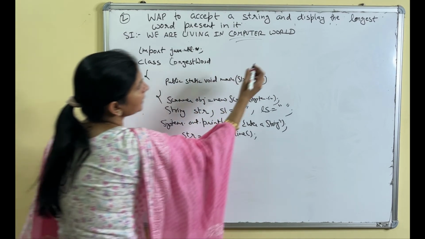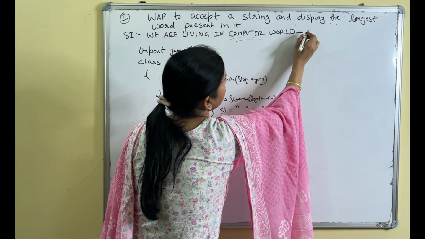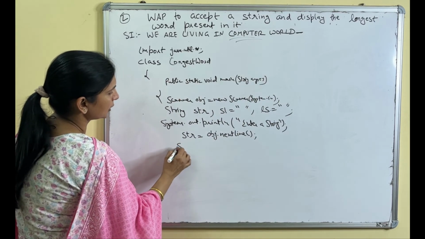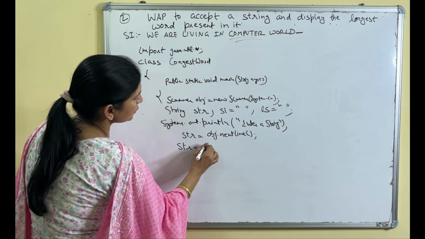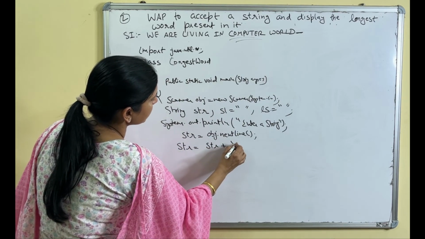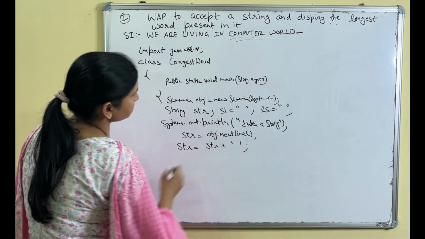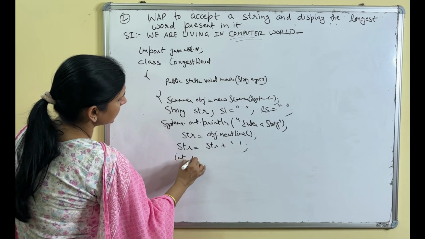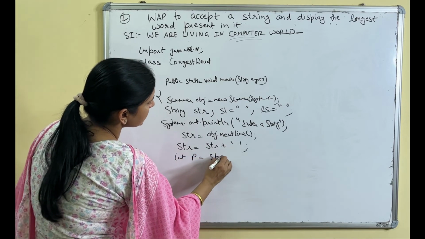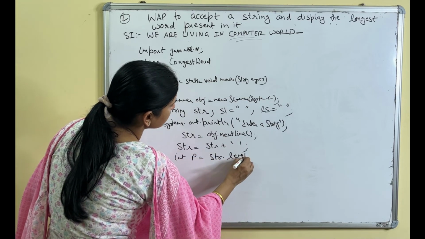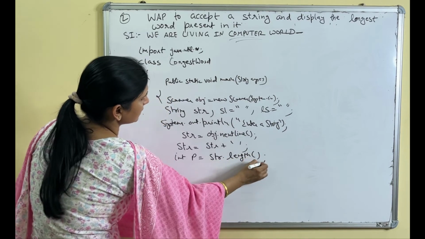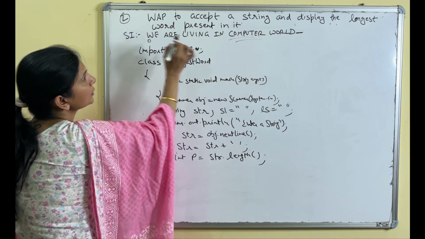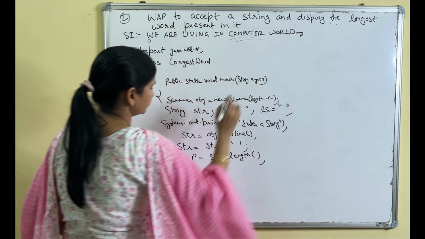Now in the same way, the first step is to add a blank space at the last. So how will you add? str equals to str plus blank. Fine. Then we will calculate the length: int p equals to str dot length. So the loop will go from 0 to p.